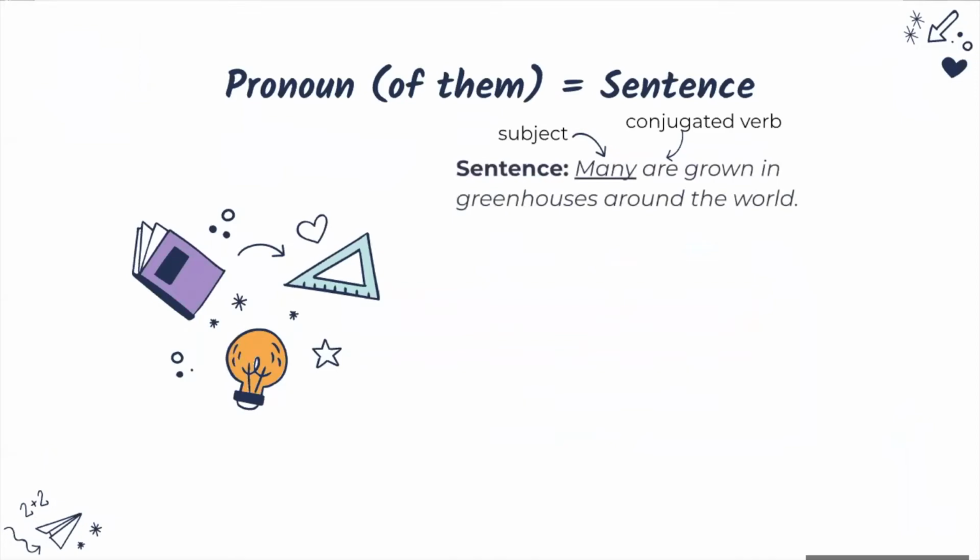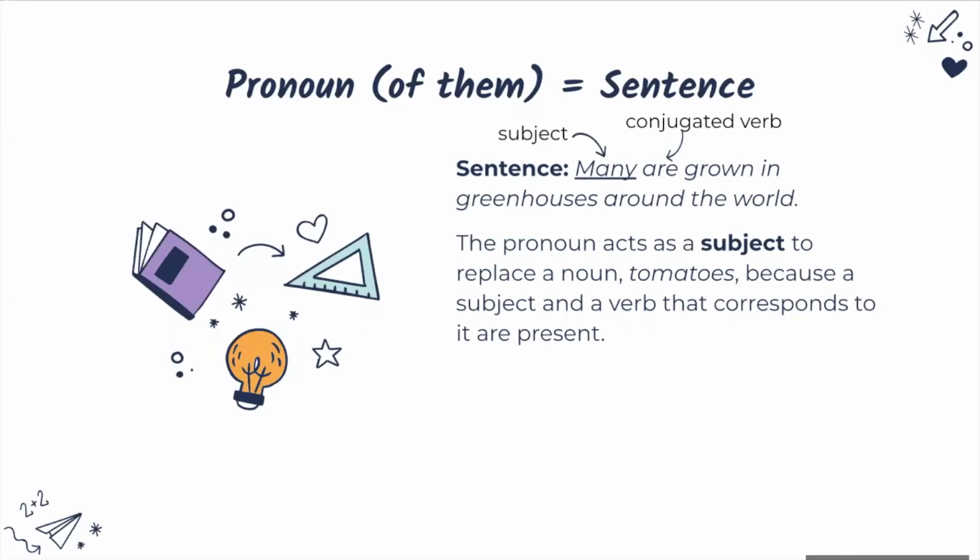Okay, so an example sentence would be: many are grown in greenhouses around the world. There's no sentence before it, but in this case, many is replacing tomatoes. So the pronoun acts as a subject to replace a noun, tomatoes, because the subject and a verb that corresponds to it are present. The subject is many, and the corresponding verb in this case is are.